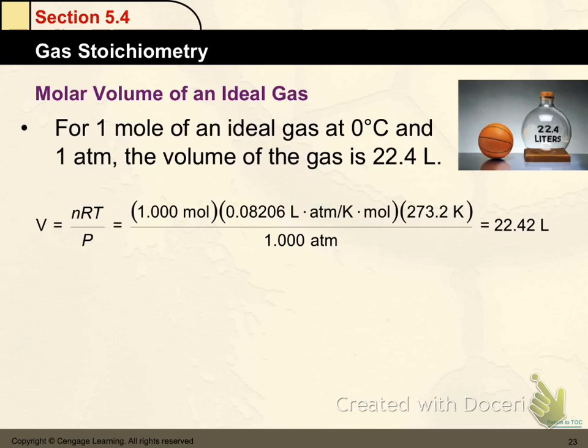If you've got 1 mole right here, and here's R, and here's your temperature, standard temperature and standard pressure, and if you do all that calculation, you're going to see that's 22.42 liters. That's for any gas. So if you have any gas at standard temperature and pressure, and you have got 1 mole of that gas, it's going to occupy 22.42 liters.